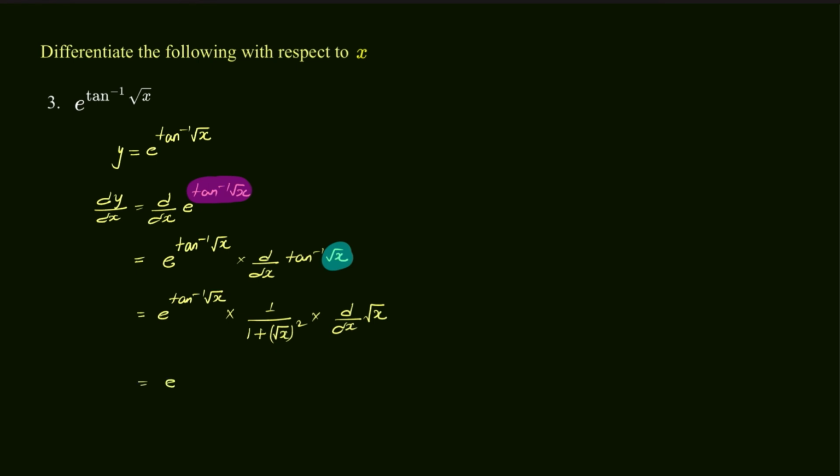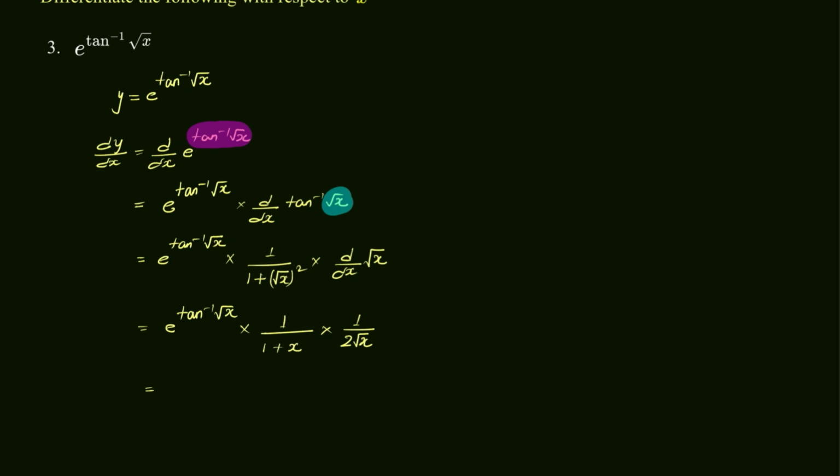So it will be equal to e to the power tan inverse of root x into 1 over 1 plus x into d/dx of root x, which is 1 by 2 root x. Rearranging, we will have e to the power tan inverse of root x in the numerator and 2 root x into 1 plus x in the denominator.